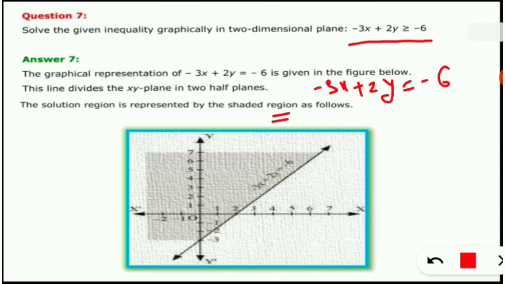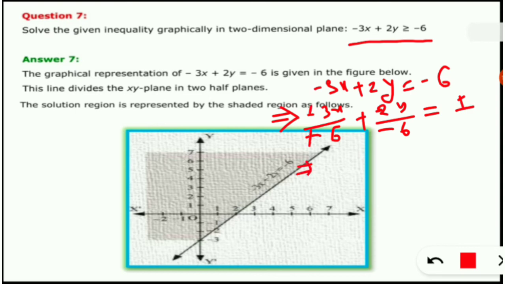Now we divide both sides by minus 6, that means minus thrice x by minus 6 plus 2y divided by minus 6 equal to minus 6 by minus 6, that means 1.